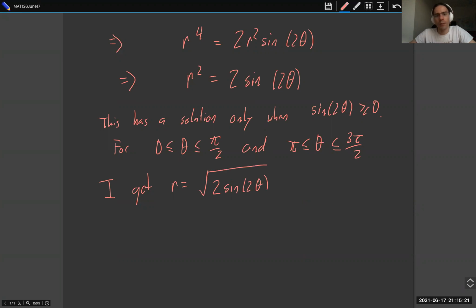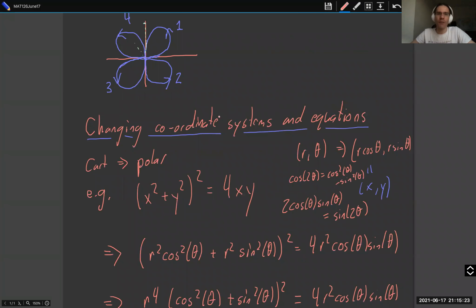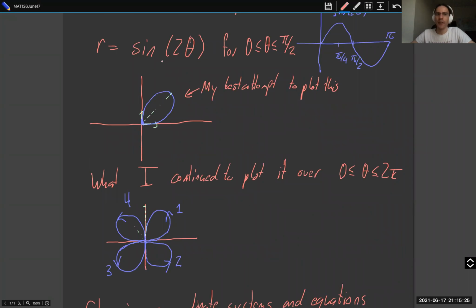And before, we plotted what r equals sine 2 theta looked like, right? Taking the square root of a number smaller than 1 makes it a bit bigger. So it's going to be a more round circle, but only 2 lobes of it.